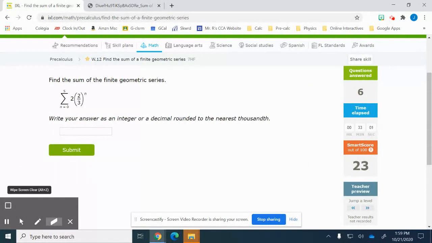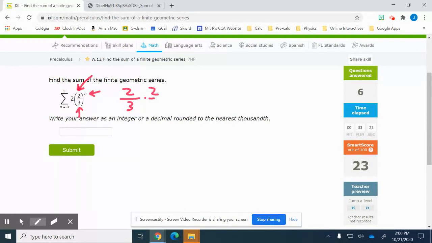So this is a series that, notice, I'm just going to point this out to you real quick, right there. That is actually less than 1, right? So as this exponent gets bigger, this number is actually going to get smaller, right? Because if you take it to the second power, 2 over 3 times 2 over 3 equals 4 over 9, which is less, right?